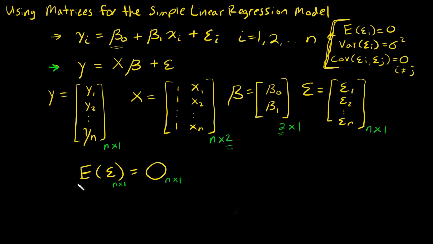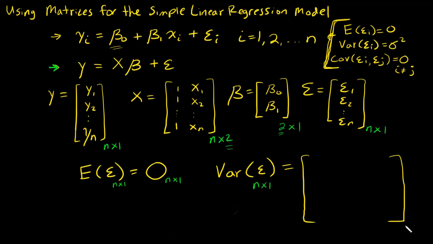And then the variance of this vector epsilon. If we take the variance of an n by 1 vector, what you're left with is a matrix that is n by n.